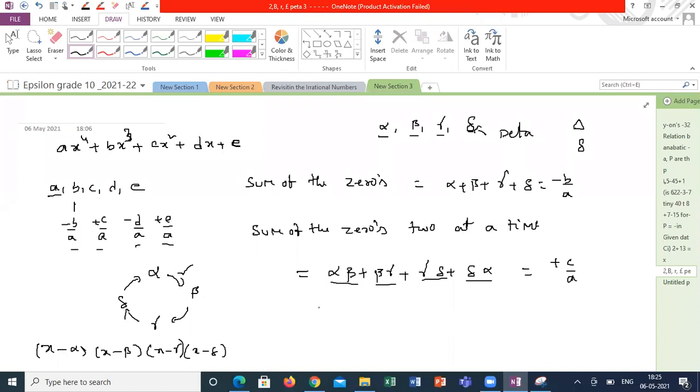Next one is 3 at a time. Alpha beta gamma, beta gamma delta, gamma delta alpha, and delta alpha beta. This will be minus d by a, and product of the zeros, alpha beta gamma delta, this will be plus e by a.